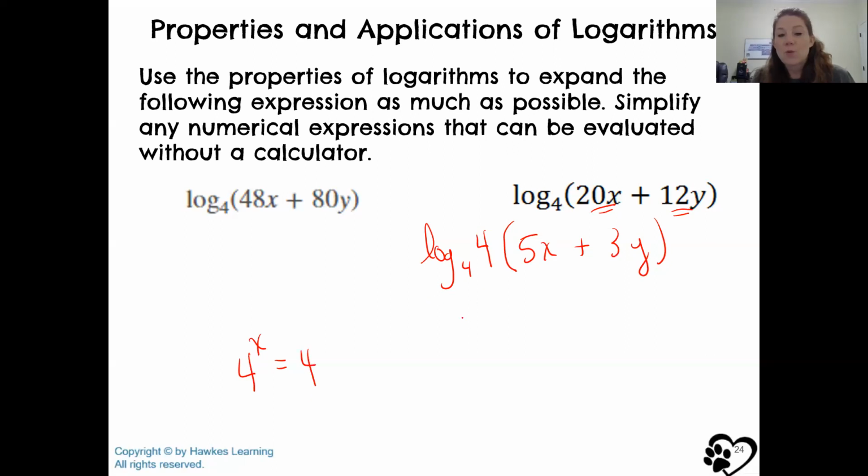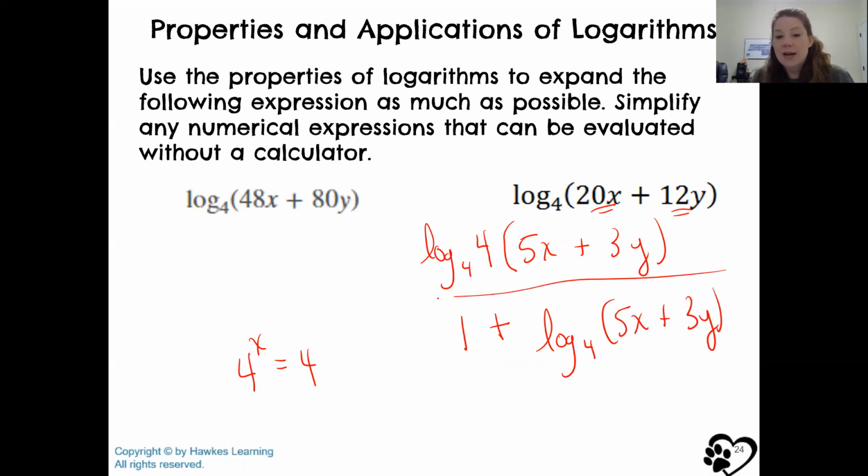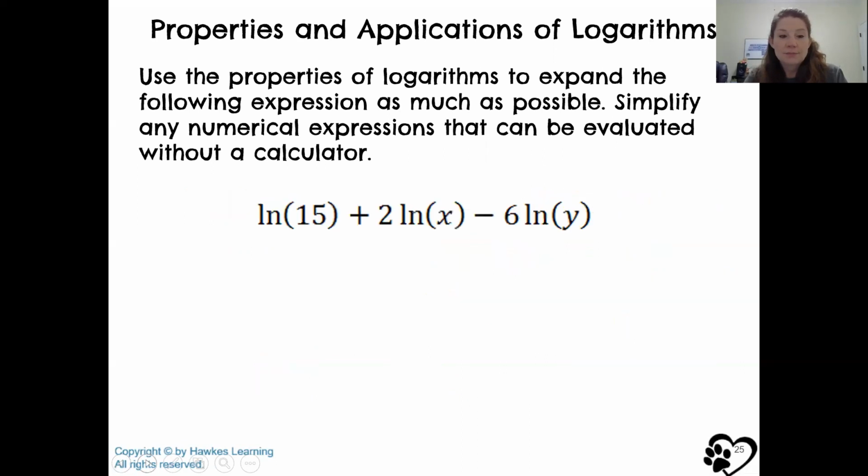The answer is 1. Then I see multiplication, so we're going to say 1 plus log base 4 of 5x plus 3y. And there is our answer. So you'll have at least 2 of those when you certify for Hawks.